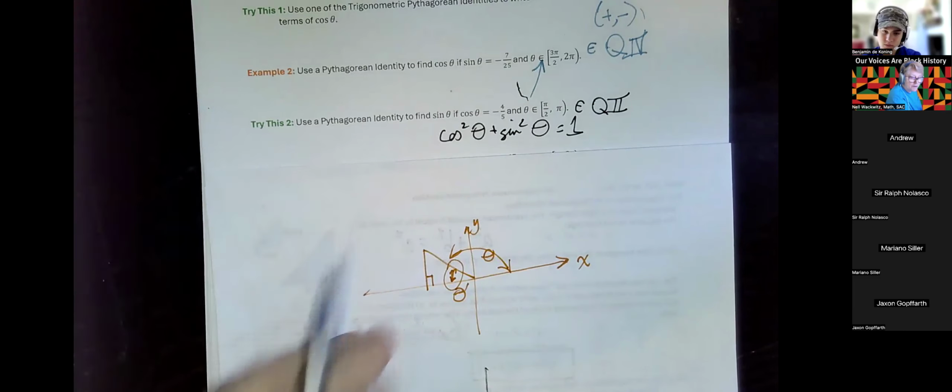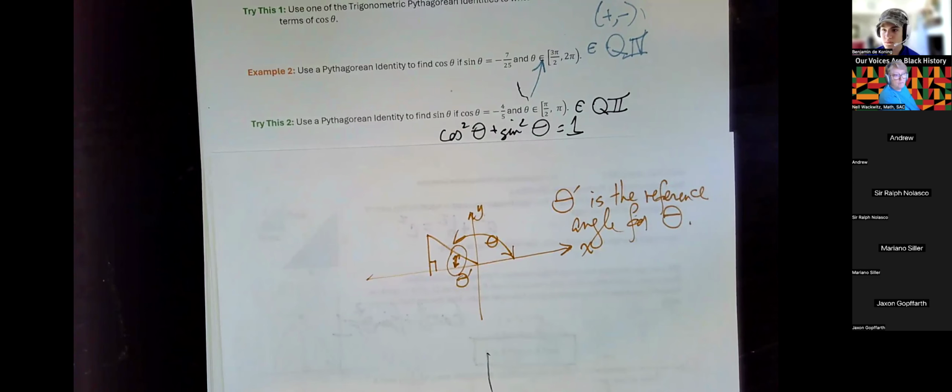We'll have a better definition for a reference angle probably next on Wednesday, but I want you to start thinking about these words so that they all fall into place. So now we know that the cosine of theta is -4/5.